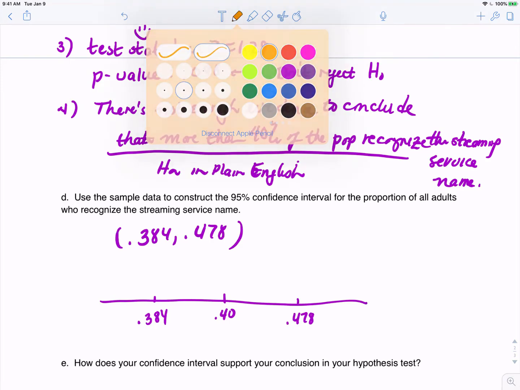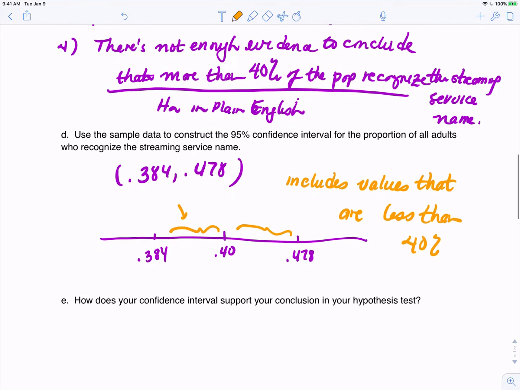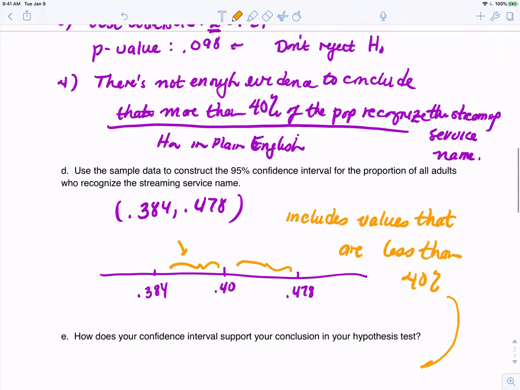When you look at this interval, some of it is over 40%, but some of it is under 40%. So it's possible that less than 40% of the population saw the ad. So it supports our conclusion because it includes values that are less than 40%. And that's how our confidence interval supports our hypothesis test conclusion.